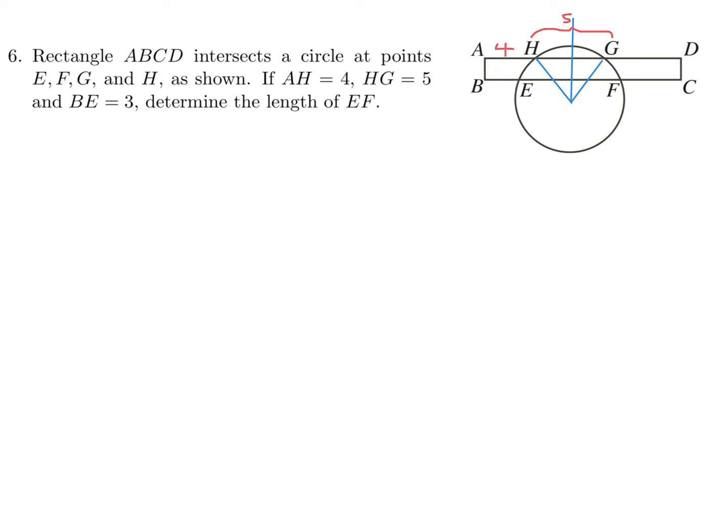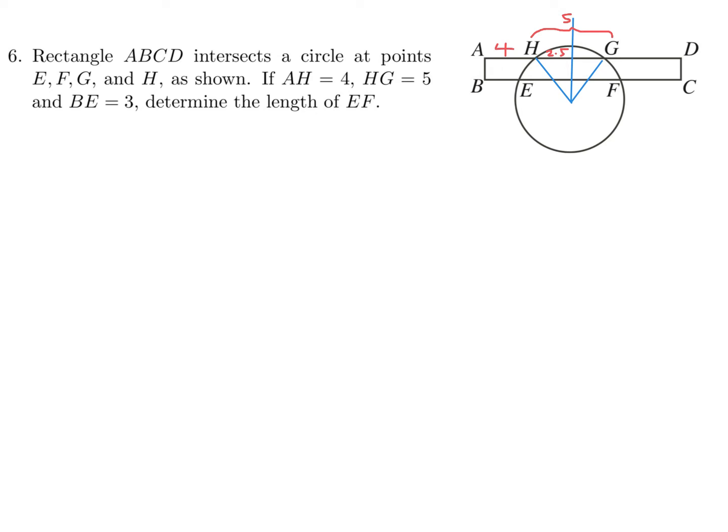Because this is a symmetric diagram. The way I drew the diagram, it's symmetric on both sides. So this is equal to this. So that means this distance from here to here is half of 5. So it'd be 2.5. So let me squeeze that in there, 2.5. From here to there.